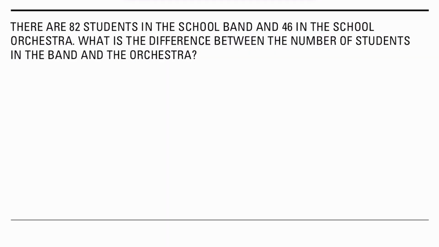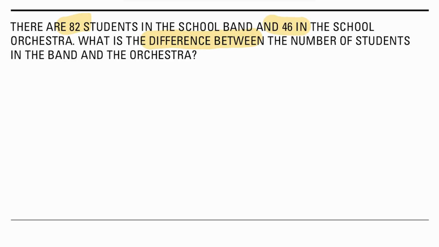There are 82 students in the school band and 46 in the school orchestra. What is the difference between the number of students in the band and the orchestra? So again, we're looking for the difference between. And so if you ever struggle with what you're actually looking for, I would identify what the numbers are that are relevant and then what you're actually trying to do.